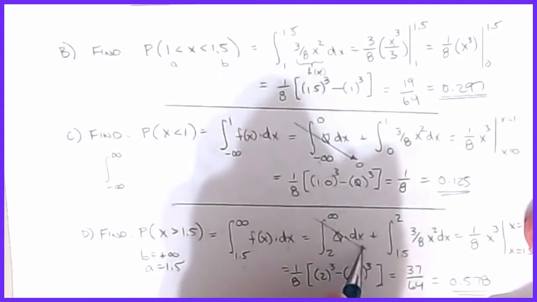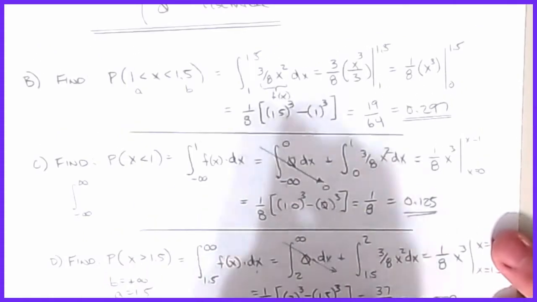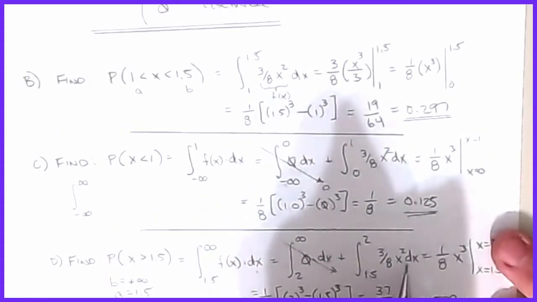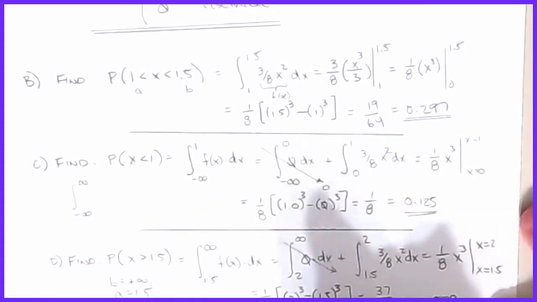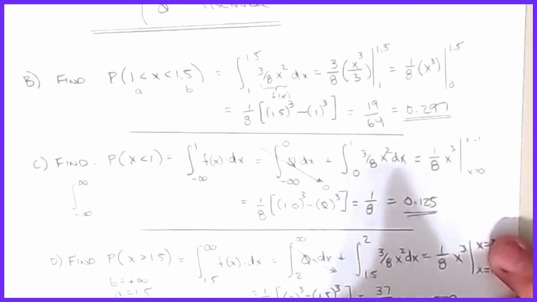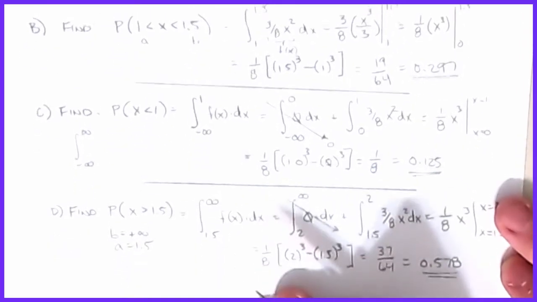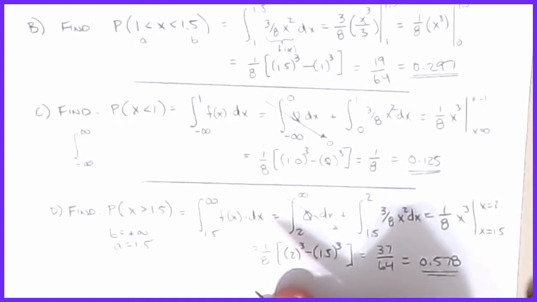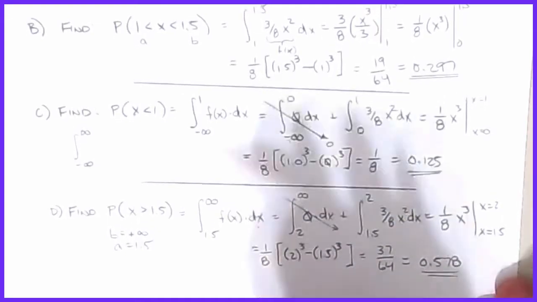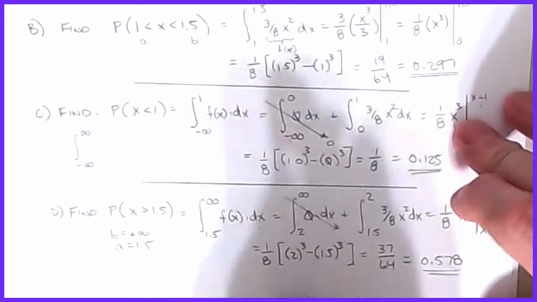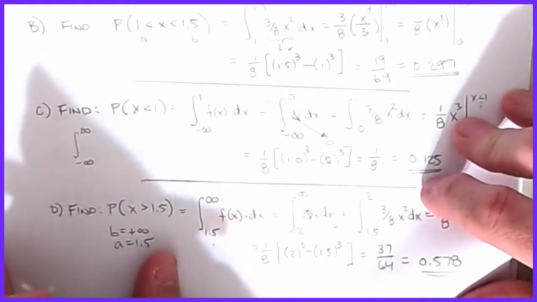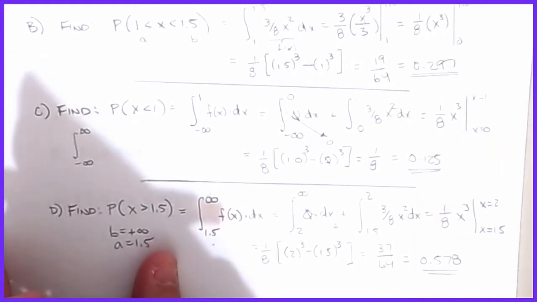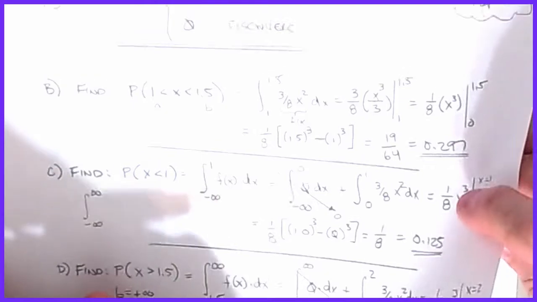This term will vanish, it goes away. So then it's from 1.5 to 2 of 3/8 x squared dx. Do the calculus, and you get 37/64, or 0.578. Like I say, if you want to pause the video and go through the math and make sure that it makes sense to you, that's fine. But I'm going to keep on going in an effort to keep this video relatively short. So anyway, hope that makes sense to you.